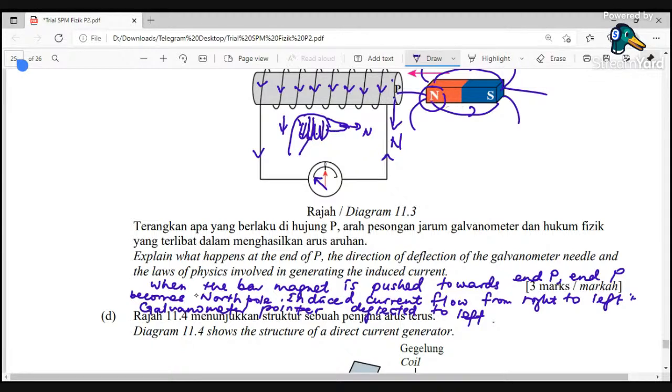So the law involved here is Lenz's law. This is about direction, so it's Lenz's law. When we talk about magnitude, it's Faraday's law.